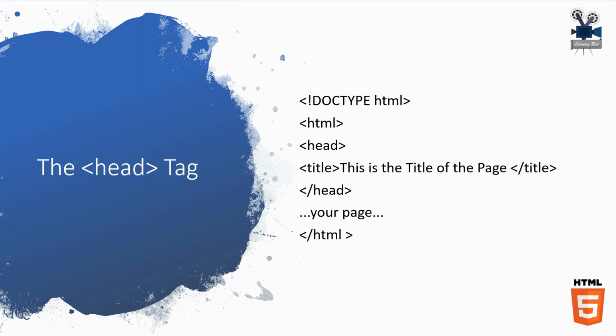Now, let's talk about the head tag. The head tag is a container for the tags that contain information about the page. Only a few tags are used inside the head portion of the page, mostly the page title. You'll learn about the title tag later in the videos.